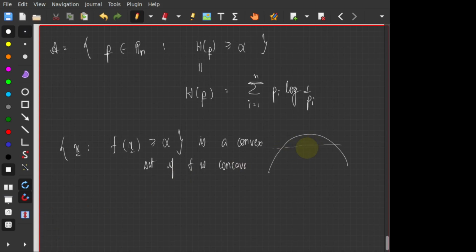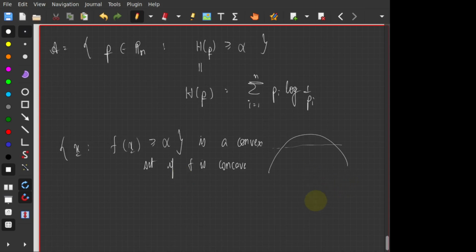If you have a concave function, then the set of all x for which f of x is greater than or equal to some particular threshold.